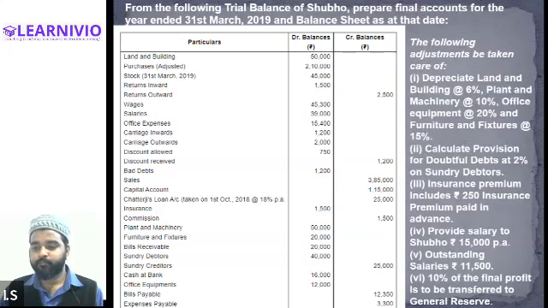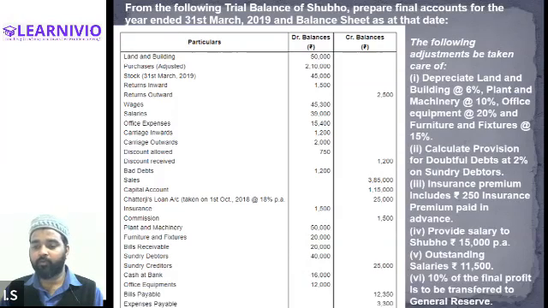Basically, we need to provide salary to the owner of the business. Shubho is the owner of the business. So we need to provide 15,000 salary to the owner, and 11,500 is outstanding, which is already due.